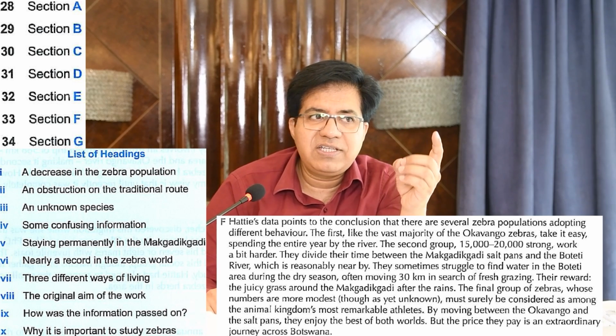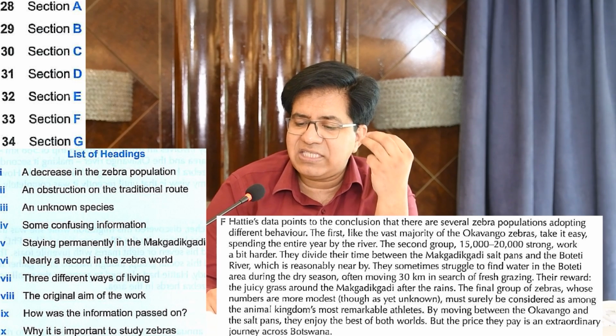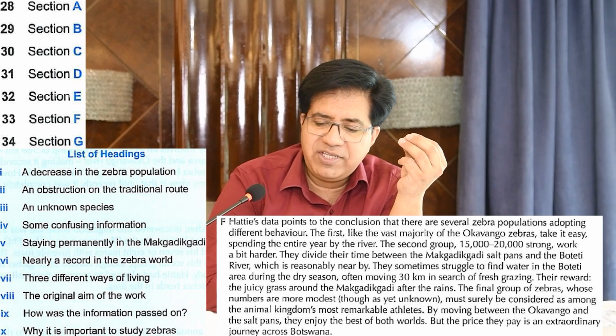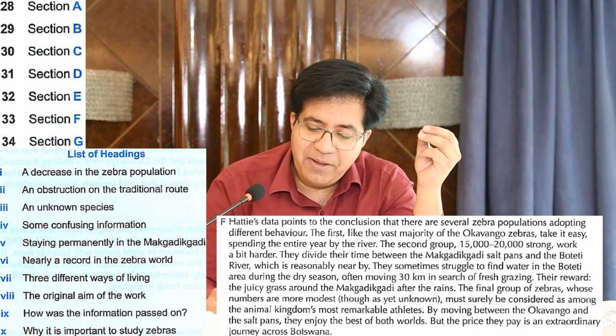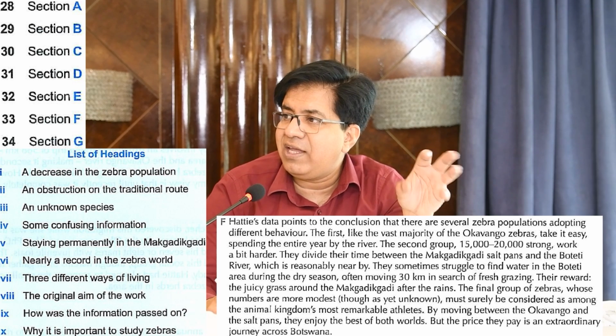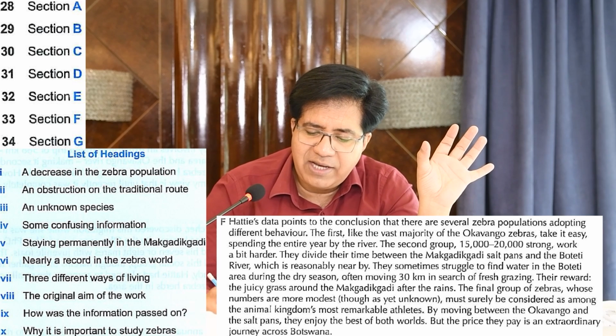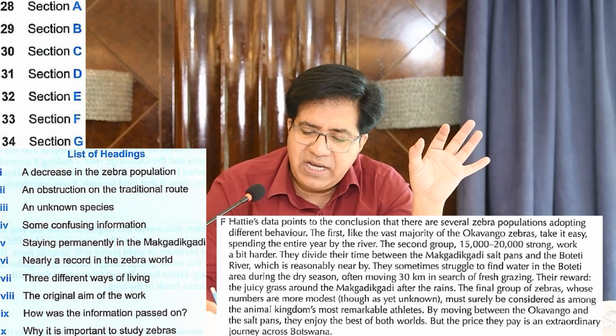So the first, the second, the final, what does it mean? 3 ways of living. Which heading is that? Heading number 7. So whenever they use a number, 3 ways of living, 3 definitions, 2 this and that, you can just do it like that. So heading number 7, 3 different ways of living, will go there.